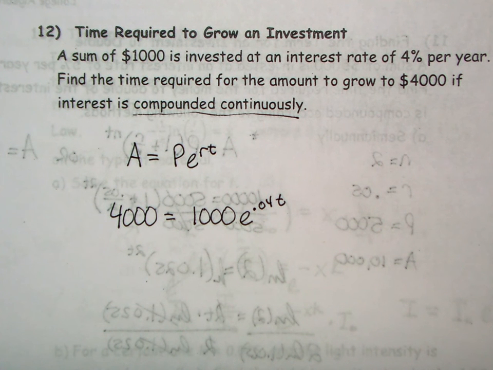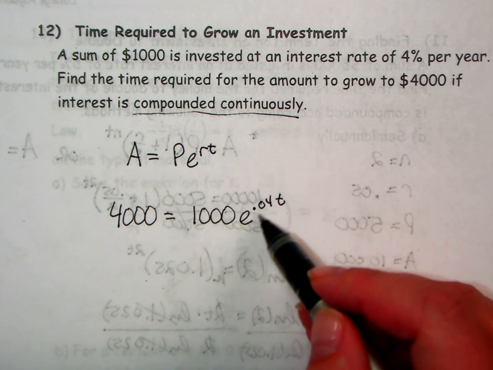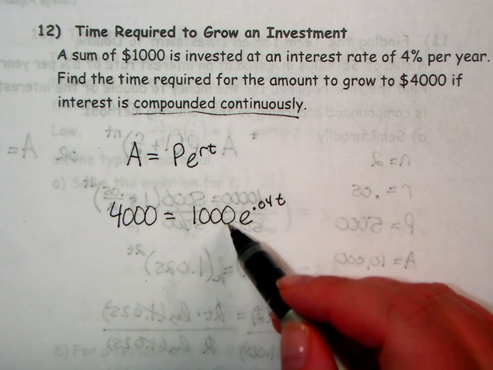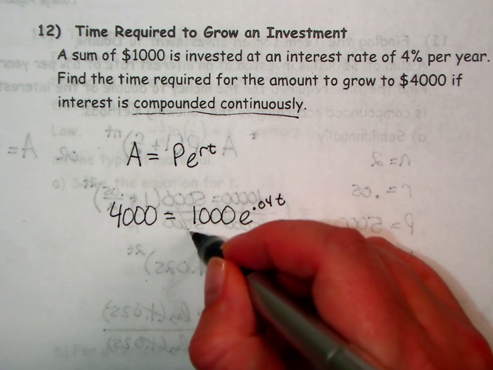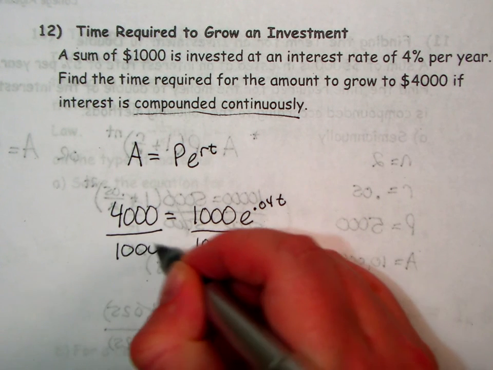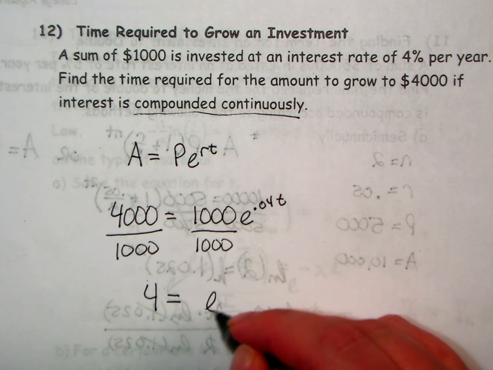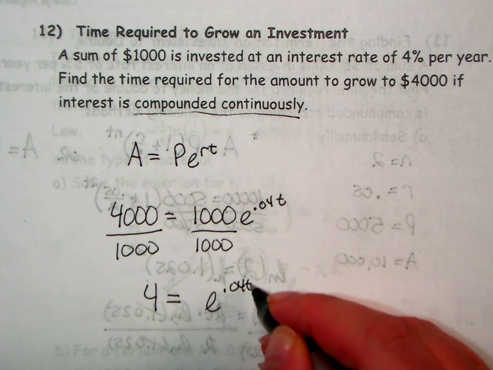So I have this equation, 4,000 equals 1,000 e to the 0.04t. So the exponential part is just the e to the 0.04t. So I need to get rid of this constant. So the first thing I'm going to do is divide by 1,000. 4,000 divided by 1,000 is 4. And then I have e to the 0.04t.